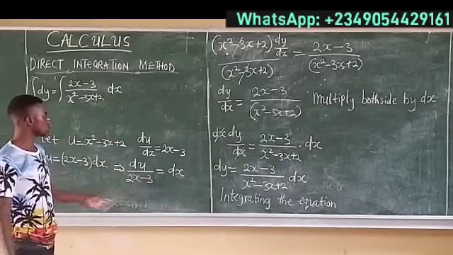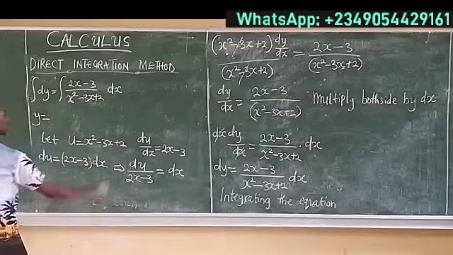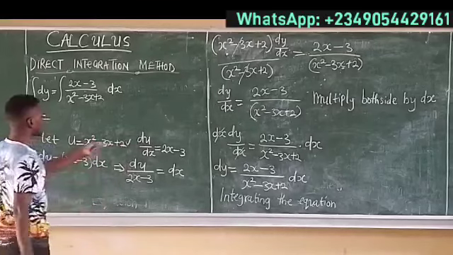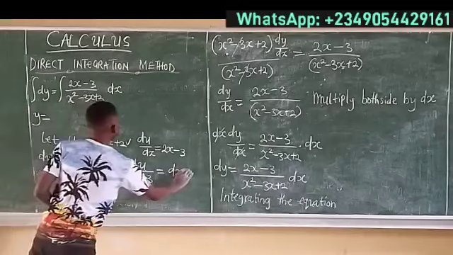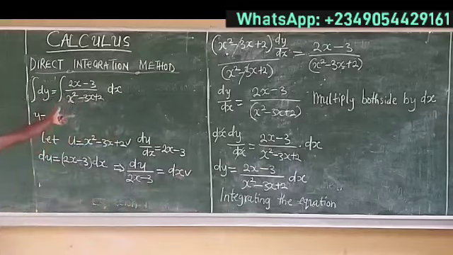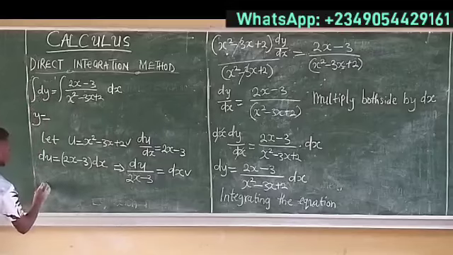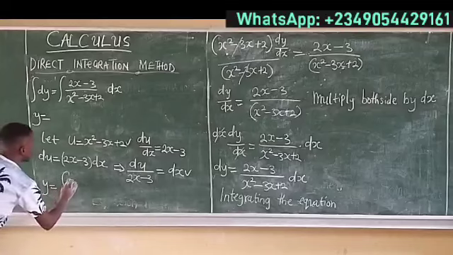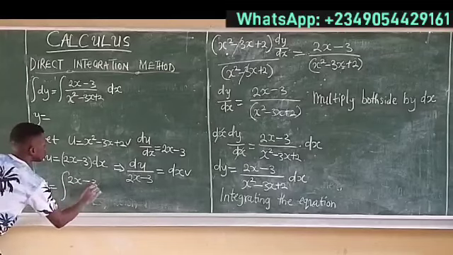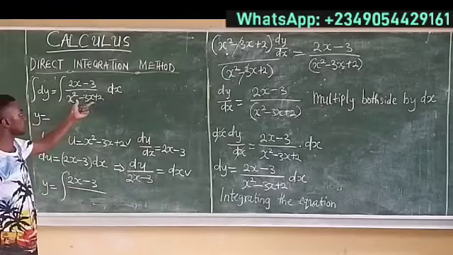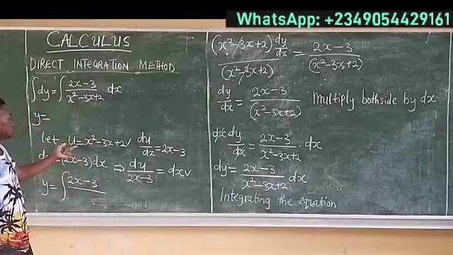We can now substitute this into the integral. So we are left with y equal to integral of 2x minus 3 all over, in place of x squared minus 3x plus 2, we are going to put in u.